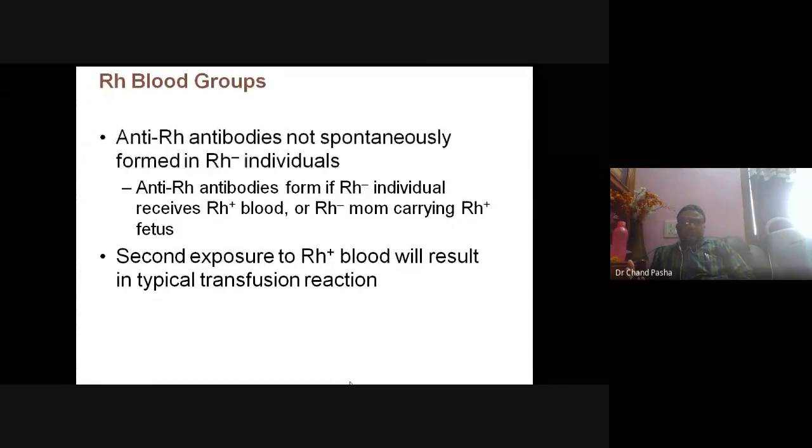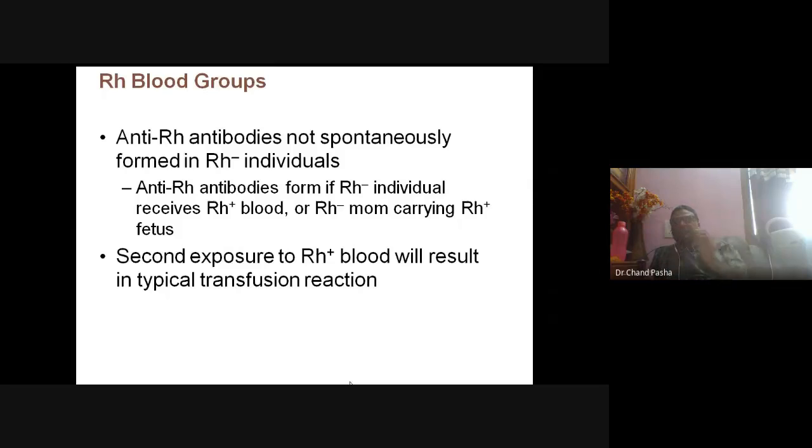So the best is, if you find the mother negative, immediately after the birth of the baby the doctors will do the blood grouping. If the baby is found RH positive, immediately the mother needs to get an injection which will remove the secondary antibodies of RH factor. So it will nullify all the antibodies which are produced in the mother's cells.